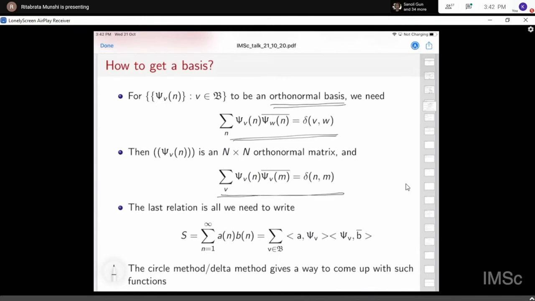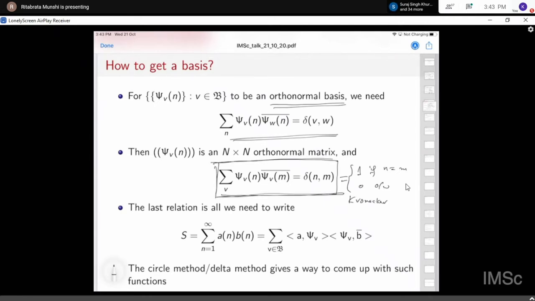So if you sum over the basis elements v of psi v n and psi v m bar, then it is equal to 1 if n equals m and 0 otherwise. So this is the Kronecker delta symbol. Basically this is the relation that is important to us.